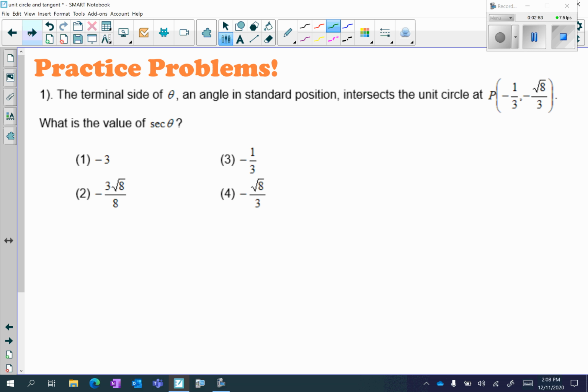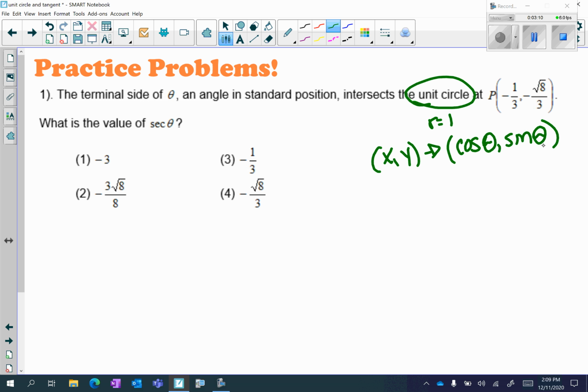Let's take a look at a practice problem. The terminal side of theta, an angle in standard position, intersects the unit circle. So as soon as I know unit circle, I know that it's cosine theta comma sine theta at P, negative 1/3 comma negative radical 8 over 3. What is the value of secant theta?